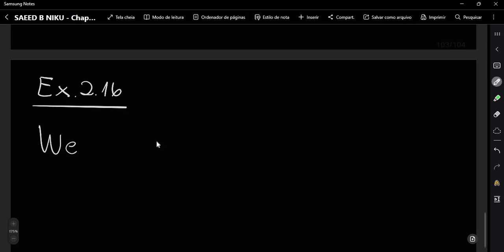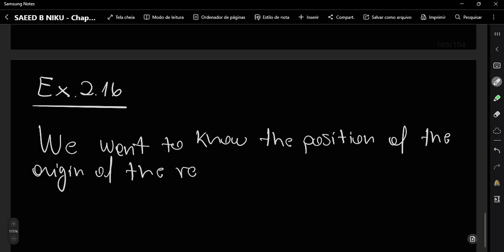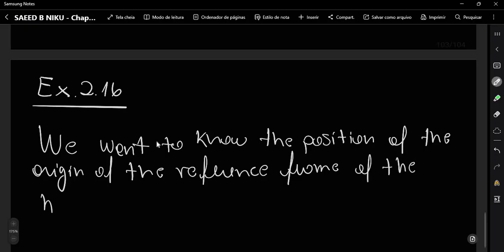So we want to know the position of the origin of the reference frame of the hand of the robot. Of a Cartesian robot.